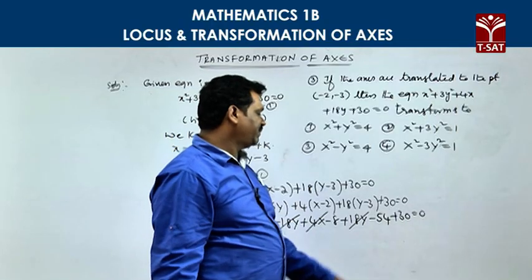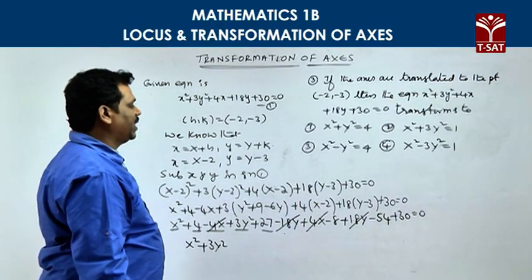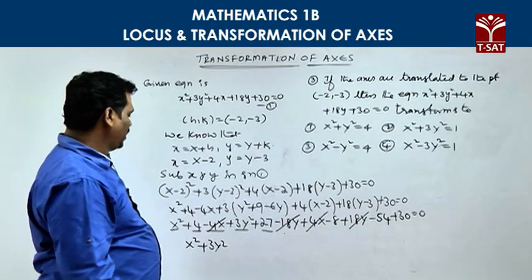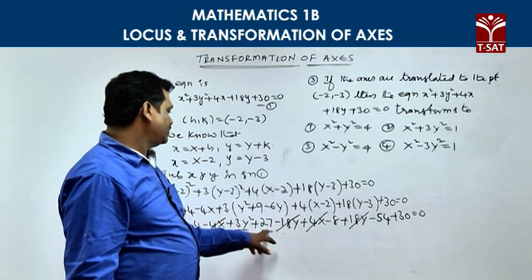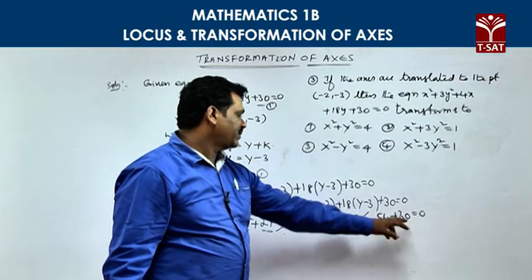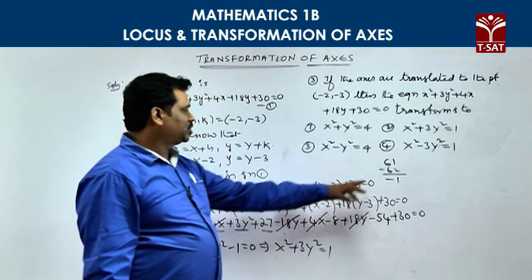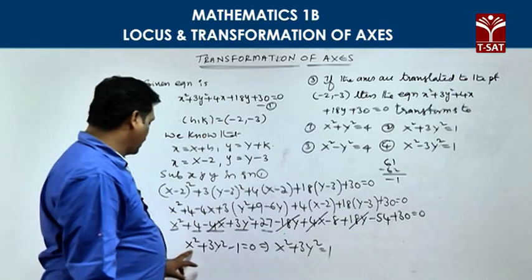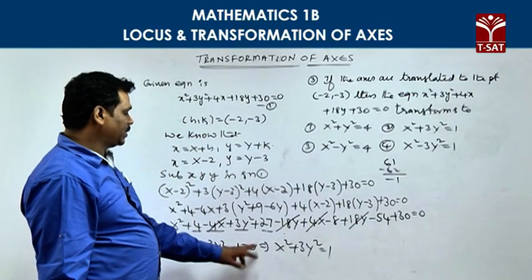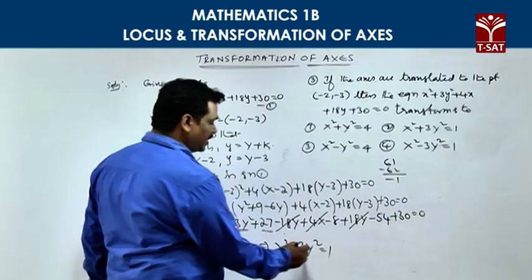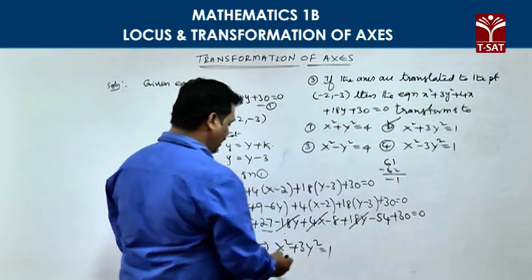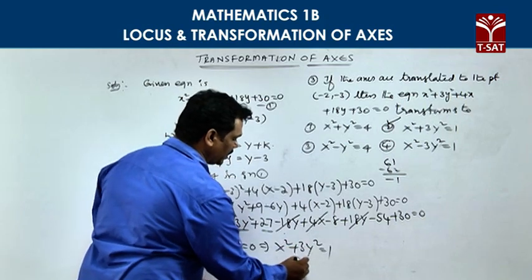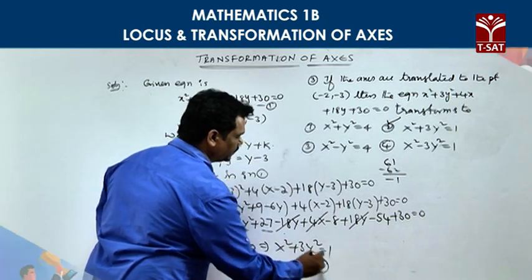Minus 8 minus 54 is minus 62. 61 minus 62 you get minus 1. X² + 3Y² - 1 = 0. So here X² + 3Y² = 1. The option is the second one: X² + 3Y² = 1. So here the answer is 2.